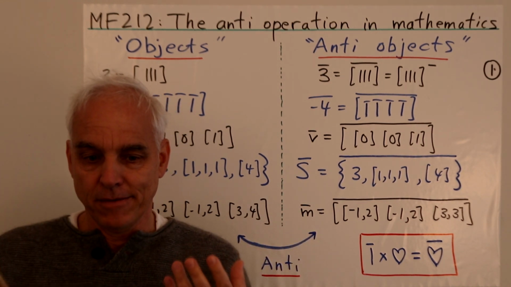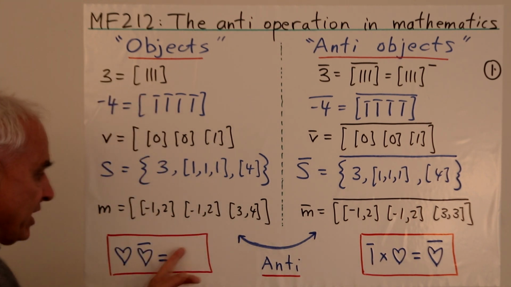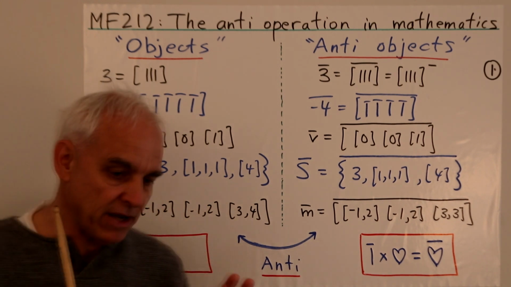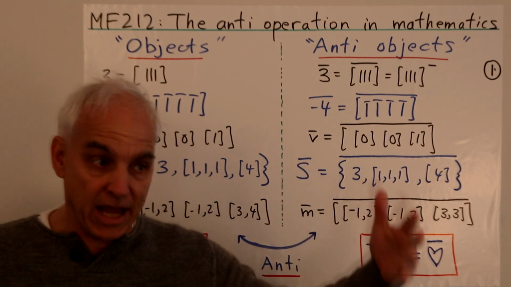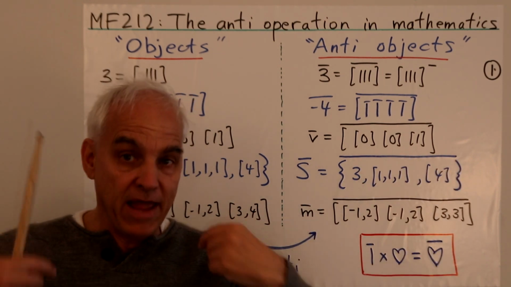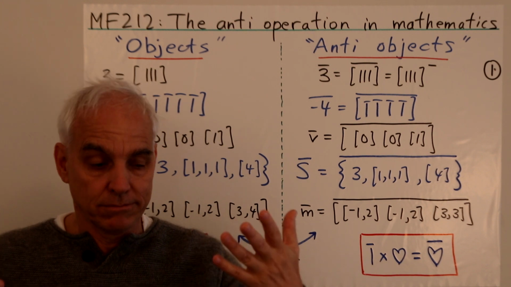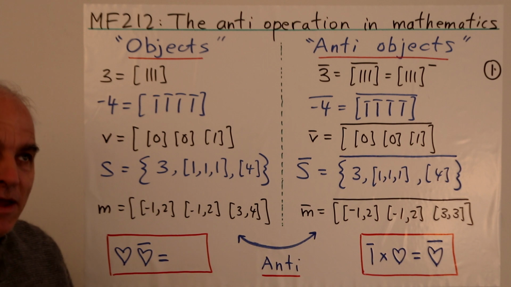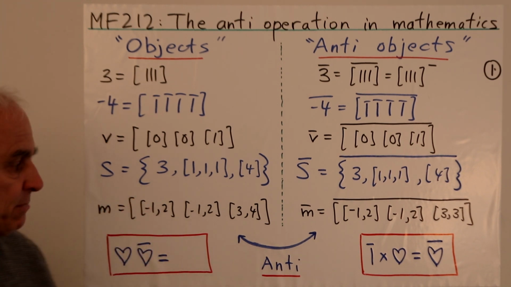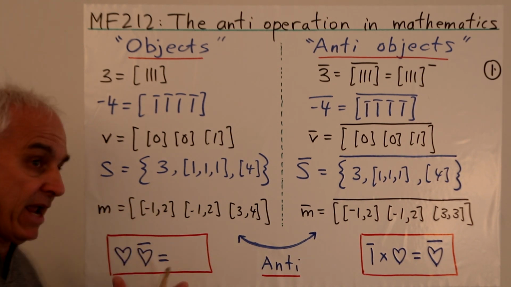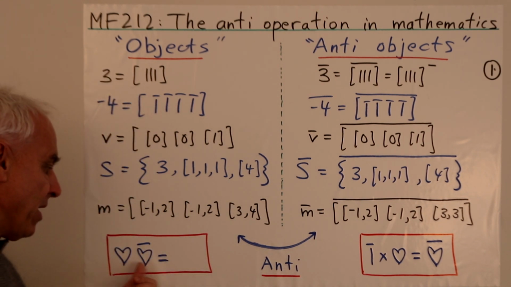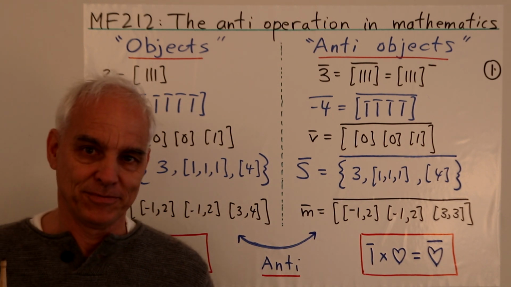That means they both disappear and they're replaced with nothing. So this is not really a multiplication of heart times heart bar. This is just to denote that if we have a heart and an anti-heart together in the same mset, then they are going to cancel. And notice that it's crucial for us that we do have a notion of nothing as being represented by a blank part of our page here to express what happens when we combine these two things.